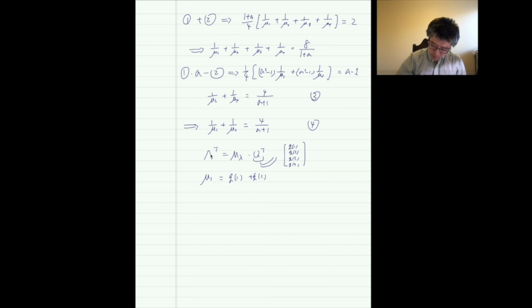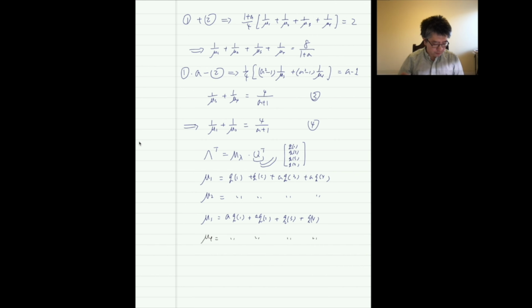Therefore this is what we get: a times q3 plus a times q4. And mu2 equals the same thing, because m lambda is identical for the first 2 lines. Then mu3 equals a q1 plus a q2 plus q3 plus q4, and mu4 equals the same thing.